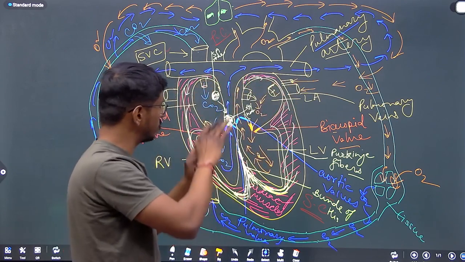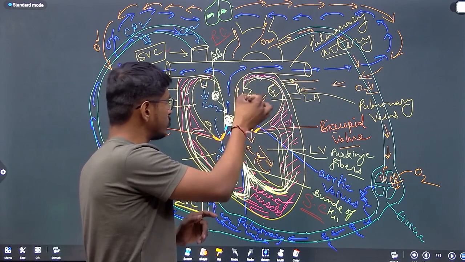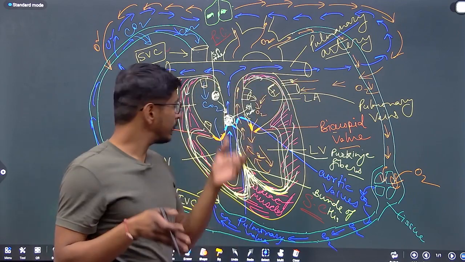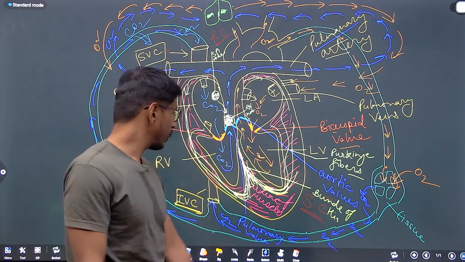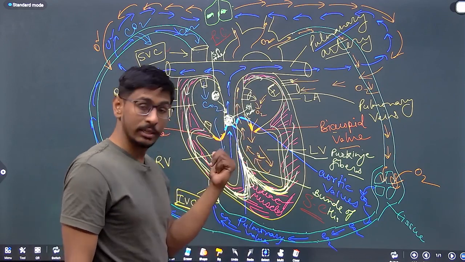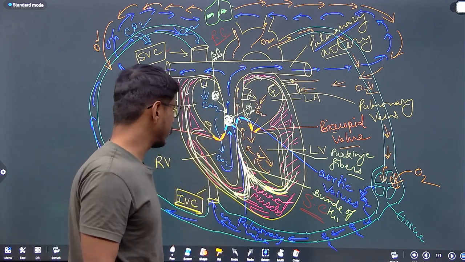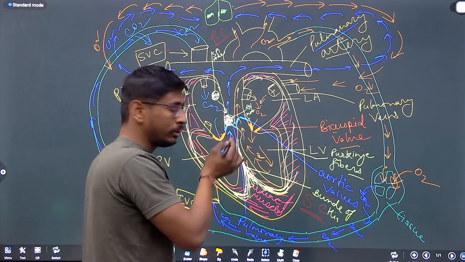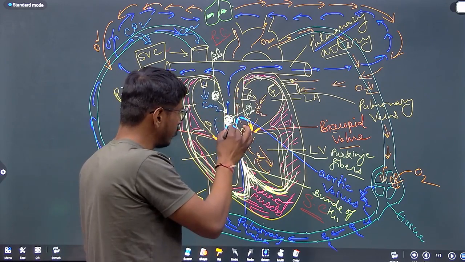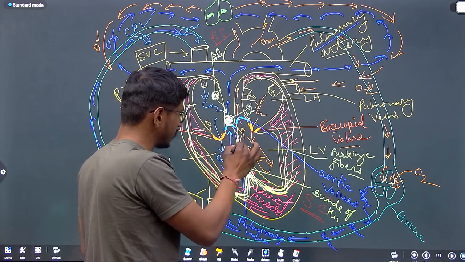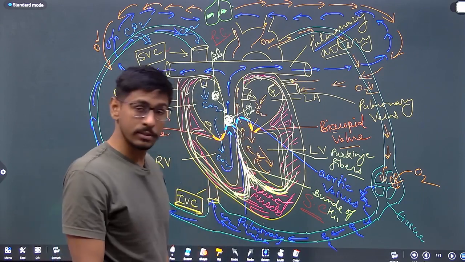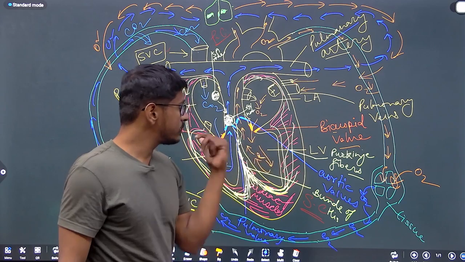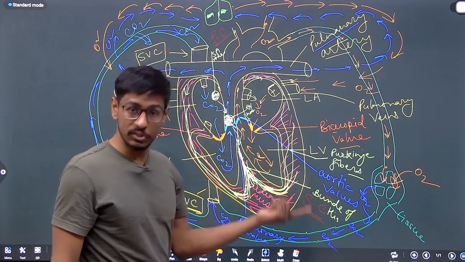Once it reaches the atrium, the muscles contract, and the blood filled in the atria comes down to the left ventricle and right ventricle. In between, this message comes to the AV node, and the AV node transfers this message to the bundle of His, and from the bundle of His it goes to the Purkinje fibers.